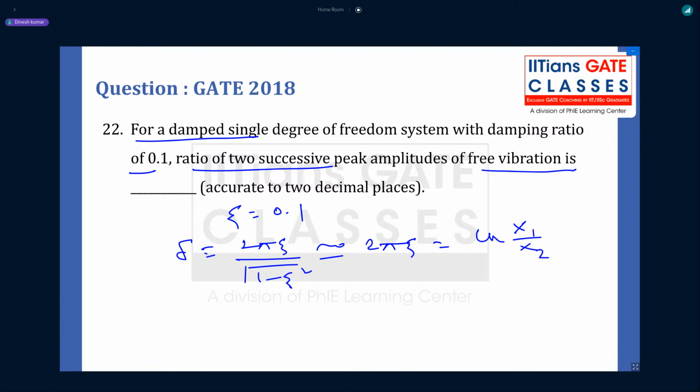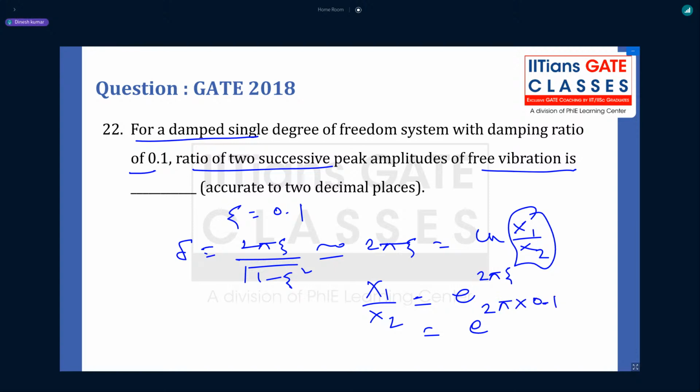Now what is asked? They asked the ratio of two successive peak amplitudes. So x1 by x2 will be e power 2 pi zeta. Now guys, find out e power 2 pi times zeta, which is 0.1.